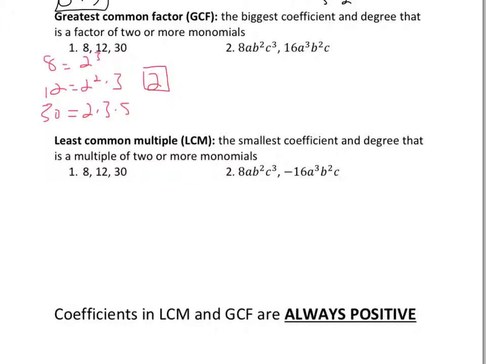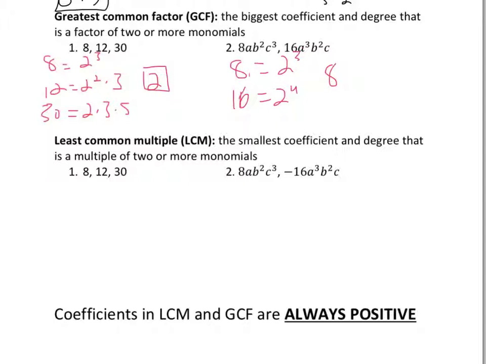For the second one, we've got to get the greatest common factor of both of these. If you look at the coefficients, we've got 8. Sorry, just look at 8. When we break that down, 8 is 2 to the third, and 16 is 2 to the fourth. So the greatest common factor for this is 2 to the third, which is the same as 8.